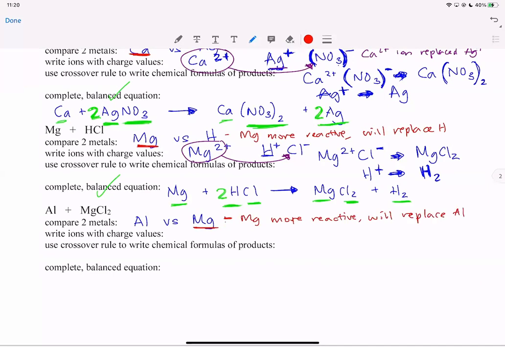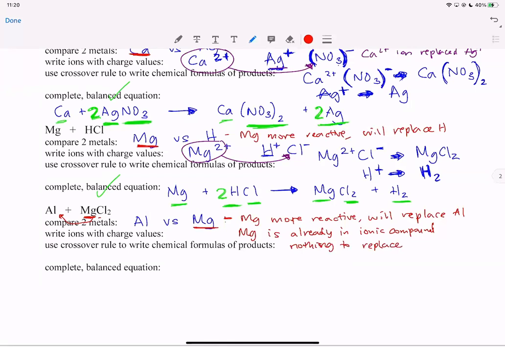Okay, well, here's what happens in this example: magnesium, you see, is in the ionic compound. It's part of MgCl2. So it's already in the ionic compound. And it wants to go over and take away whatever, but there's nothing to replace, it basically can't take anything away from the aluminum.